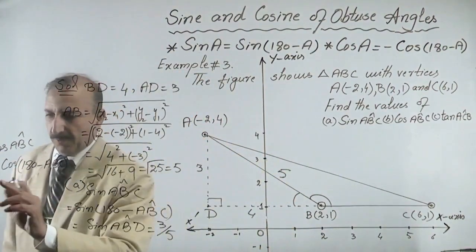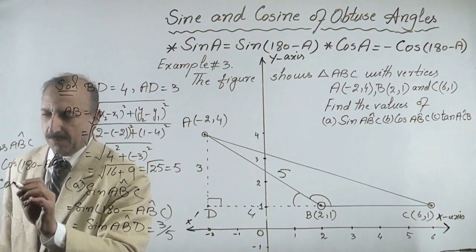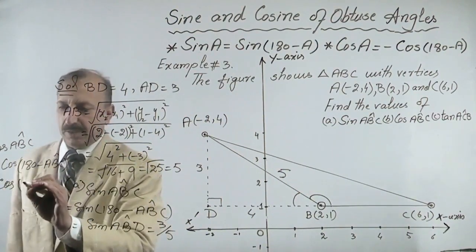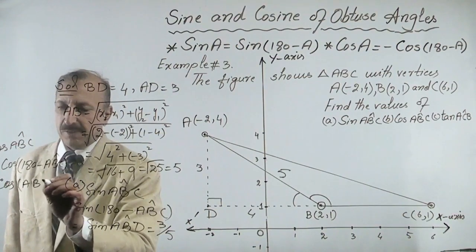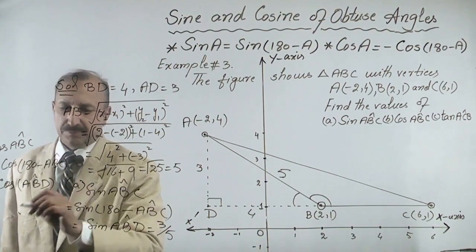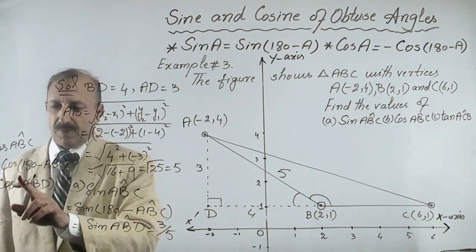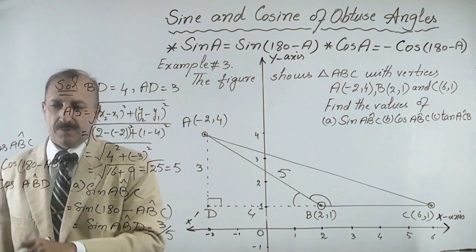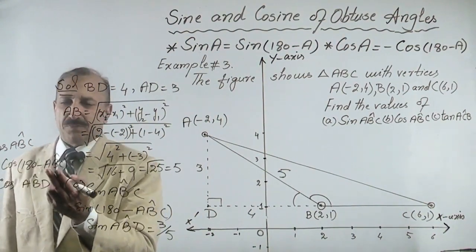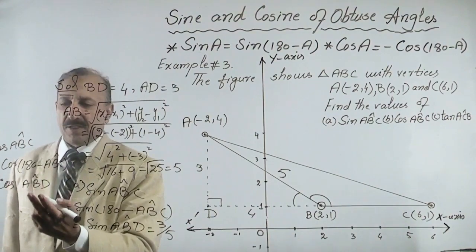So we will write cosine of angle ABD. So the subtraction of this angle from 180 gives this angle ABD.